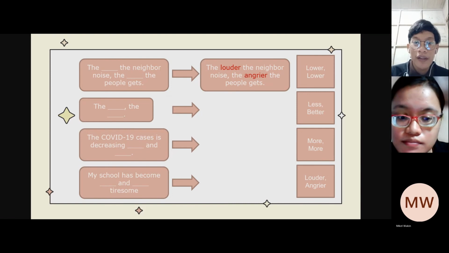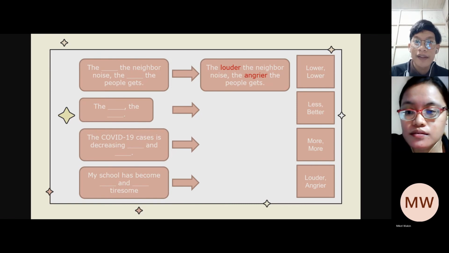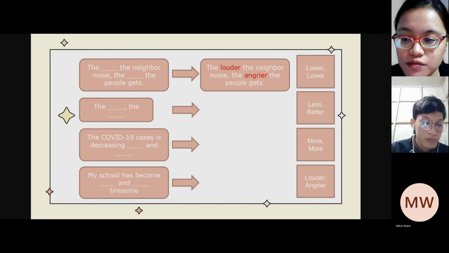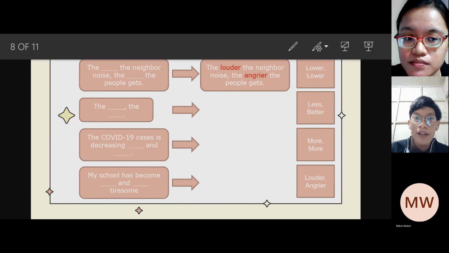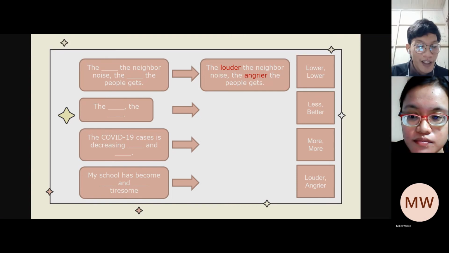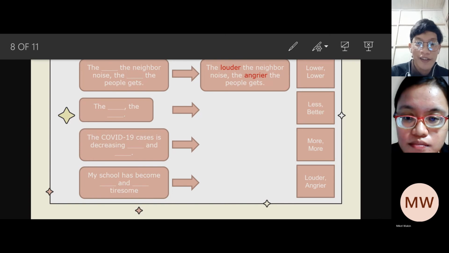What do you think is the missing comparative expression in the sentence, Miss Salget? I think, sir, it is louder and angrier, po. Oh, I'm sorry, I already showed you the answer. So yes, that is correct. Good job, Miss Salget.